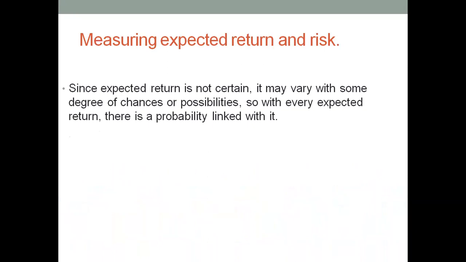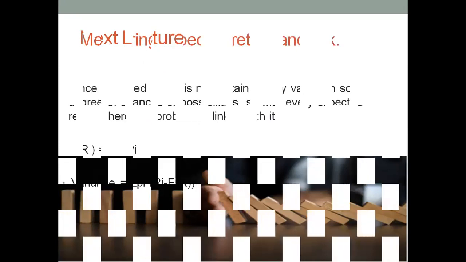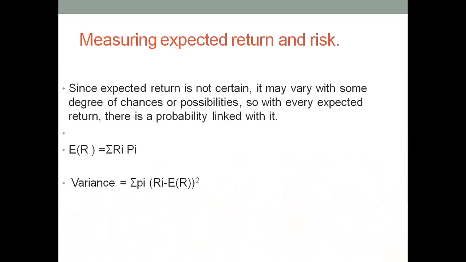Now, measuring expected return and risk. Since expected return is not certain, it may vary with some degree of chances or possibilities. So with every expected return, there is a probability which is linked with it. Here we are seeing that the expected return is given by the sigma of Ri Pi.